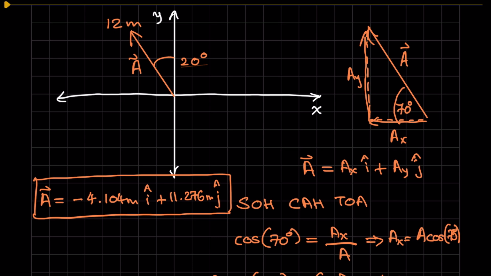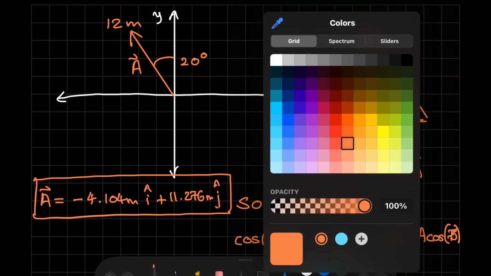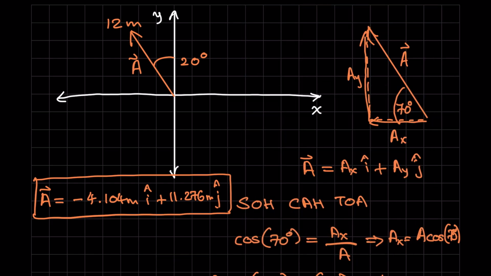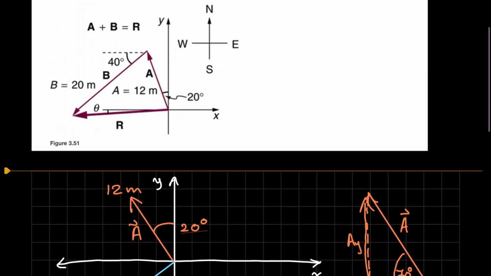So what I mean is I can draw vector B like this. It might look different. You might say, well, it's in the wrong place.